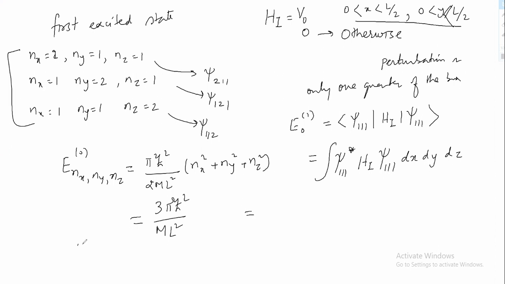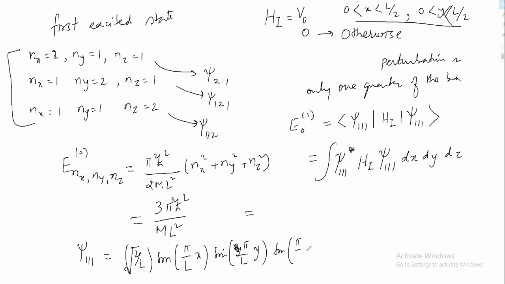Psi 1 1 1, as you can recall, I wrote previously for the ground state. This was square root 2 by L sine of pi by L into x, since nx is 1, and ny is 1, sine pi by L into y, and nz is 1. This was our ground state wave function corresponding to nx, ny and nz.